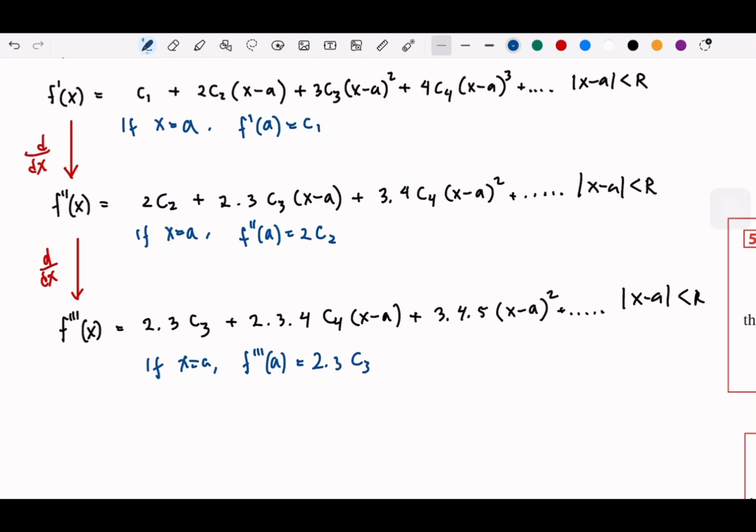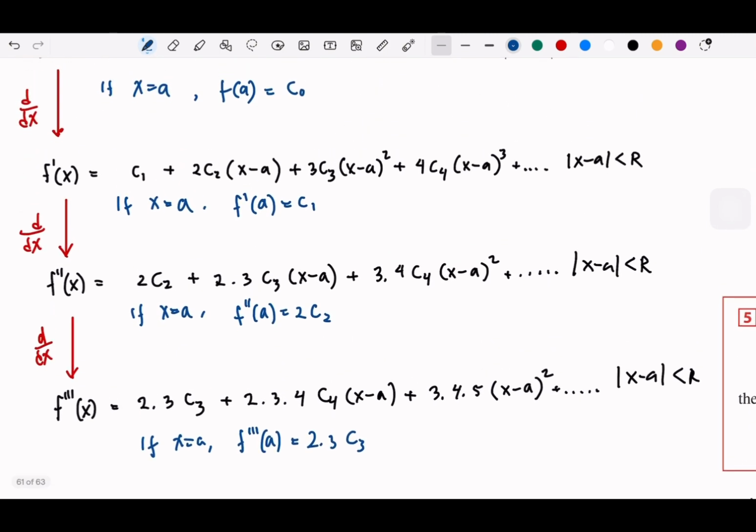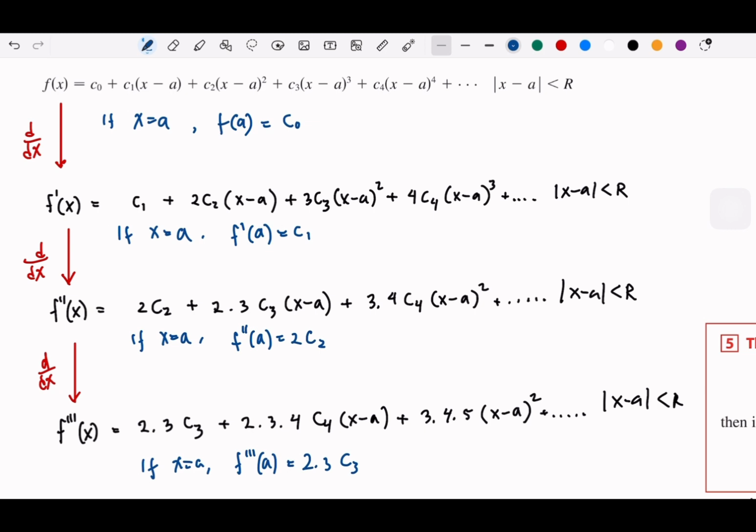Now looking at the terms that we get from f of x, then f prime, f double prime, f triple prime, see the coefficient in the front. It is 2, 3, 4. Okay. Now we have 2, 3, then 3, 4, and then 4, 5, and so on and so forth. This also has a similar pattern, 2, 3, then 2, 3, 4, then 3, 4, 5, and so on and so forth. Then we could argue that these terms could make another series.